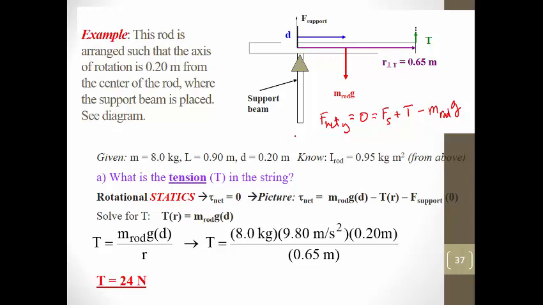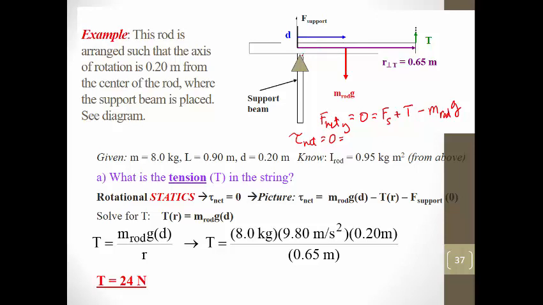But that's not enough to help me figure out these two unknowns. And so very much like we would have done in the first part of chapter 8, the net torque is going to be equal to 0. So I have the weight of the rod times d. So this is d from the axis of rotation to where the weight is applied.